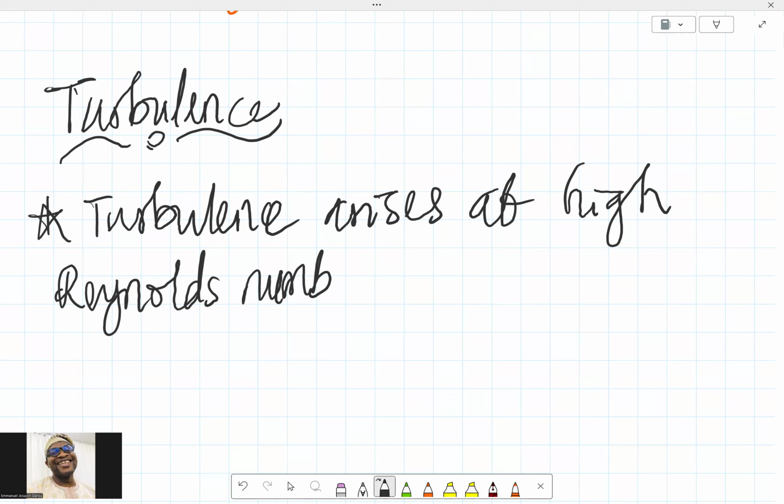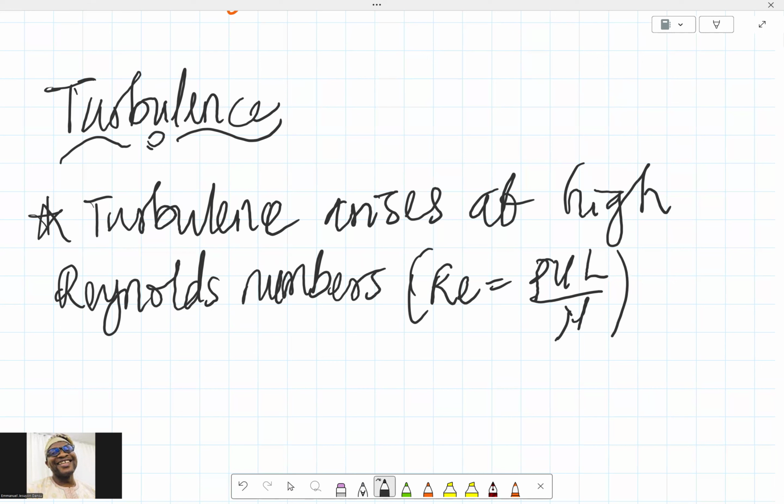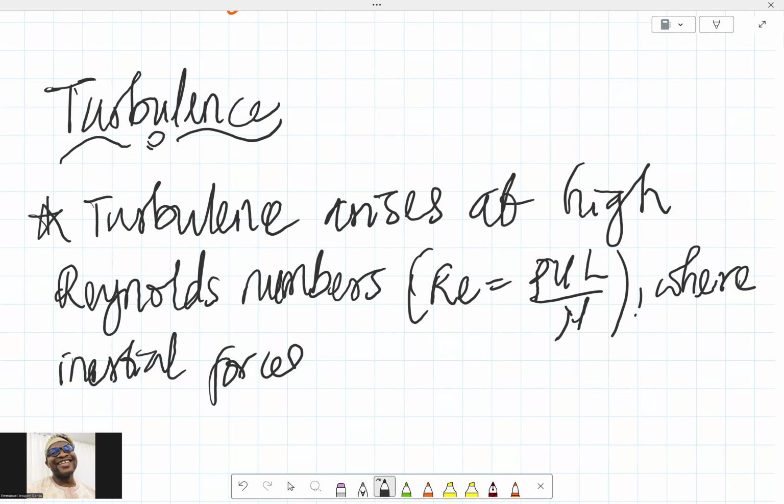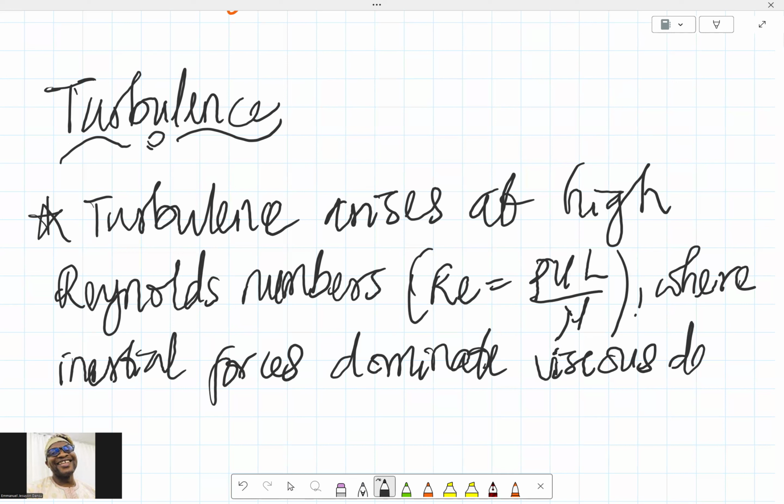Reynolds numbers are simply given as Re equals rho U L all over mu, where inertial forces dominate viscous damping.